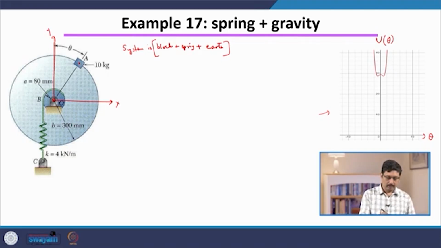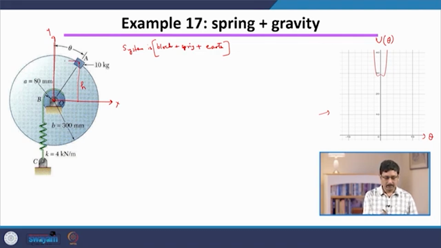If I take the reference level of the gravitational potential at the x axis, then its gravitational potential energy is given by the height of this block from the x axis.